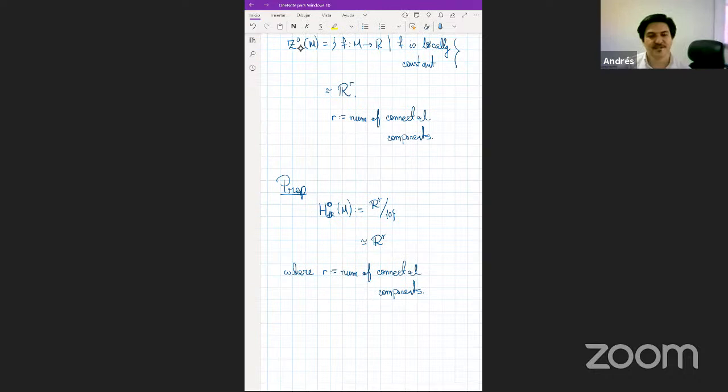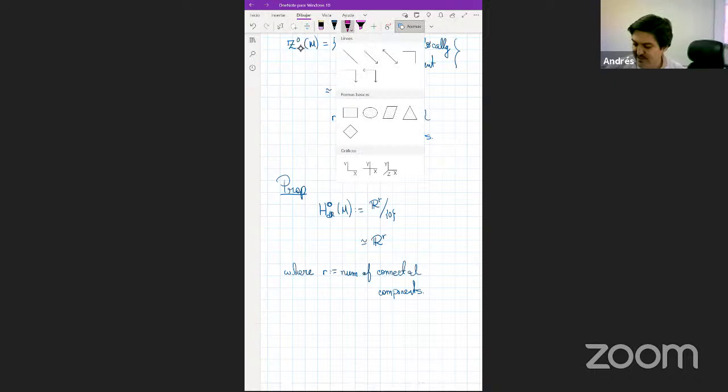Okay, so you know at least what is the cohomology of a manifold in degree 0.